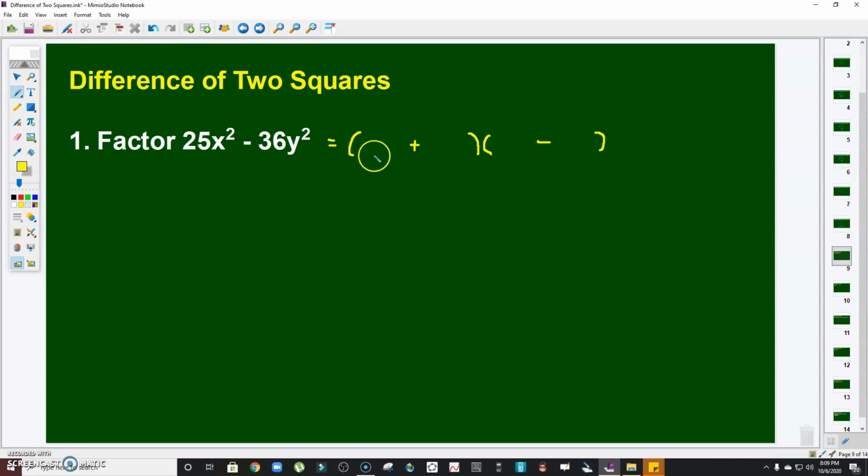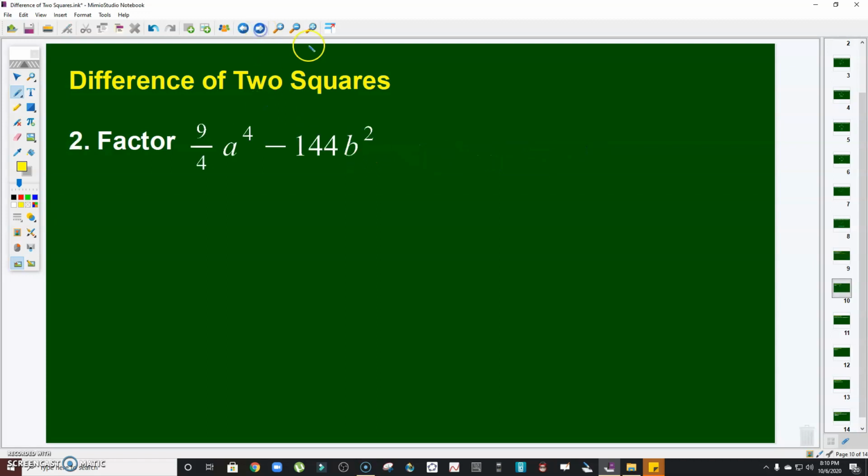The first term is the square root of this one. The square root of 25x squared is 5x. While the second term is the square root of 36y squared, and that is 6y. Clear? As simple as that.